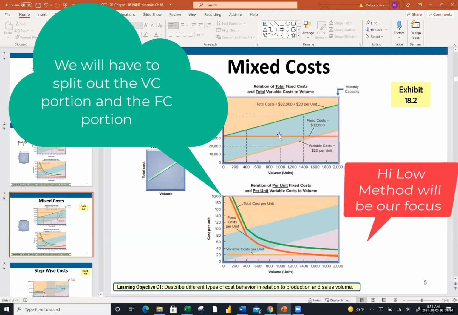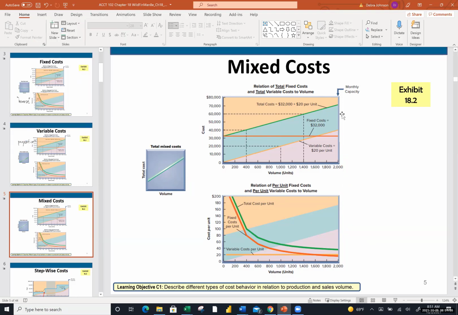When you look at a total cost line, which is the green one here, in case you can't see that, let me just put a squiggly line through it. It's the green line on my screen. That is total costs. A portion of those costs are fixed. How much?